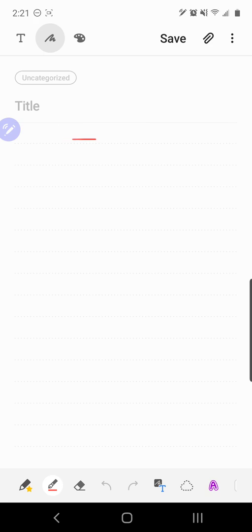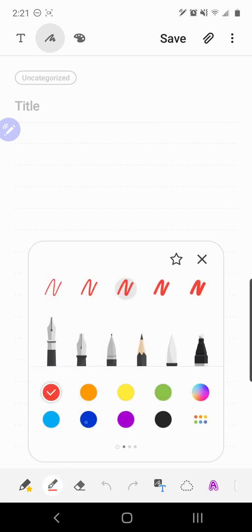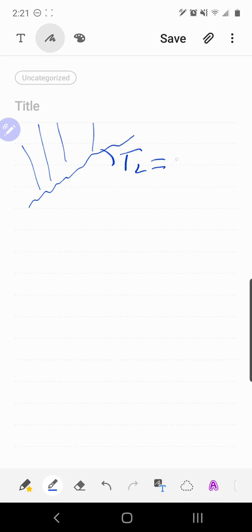So we have our cold reservoir. Let's go blue. We have our cold reservoir here, and this is going to be at a temperature of 0 degrees Celsius.